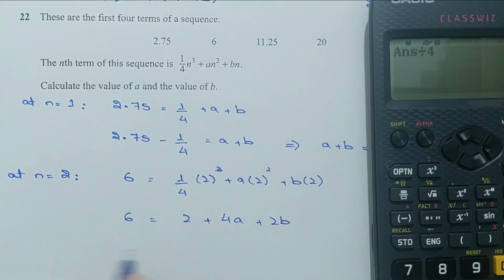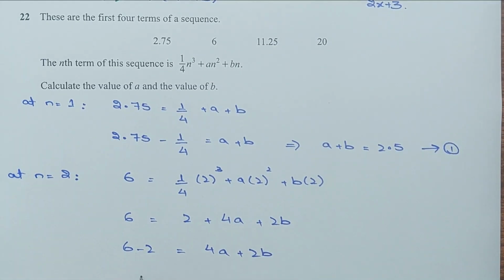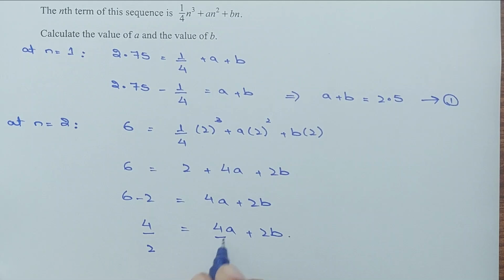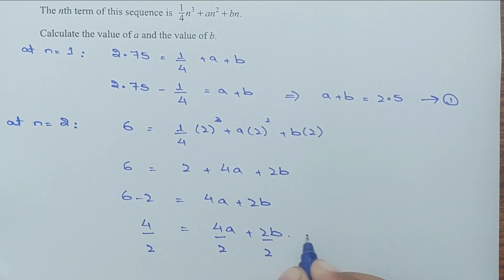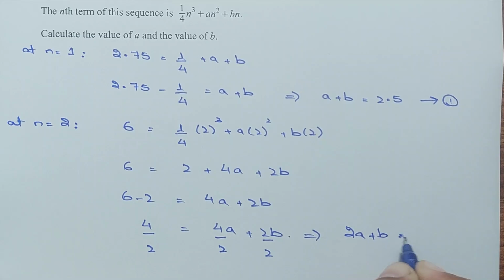So 6 take away 2 is 4. 6 minus 2 equals 4a plus 2b. Right. So from here we have 4 equals 4a plus 2b, or we can divide throughout the equation by 2. So from here we have 2a plus b equals 2. This is my second equation.